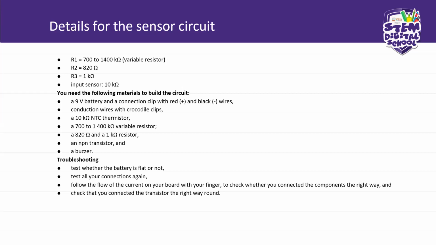All right. And then you test all your connections again. Remember, this is why we call this troubleshooting. You might connect your battery and you might connect your circuit and not obtain that desired output. Then you must check, why is my output not acting accordingly?